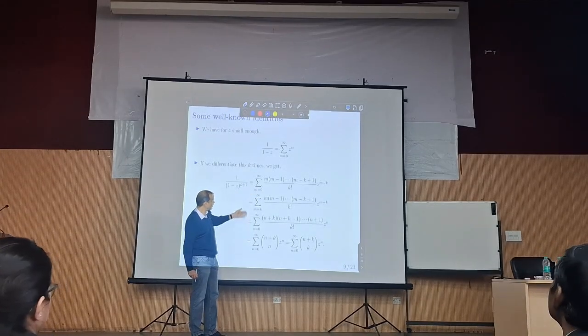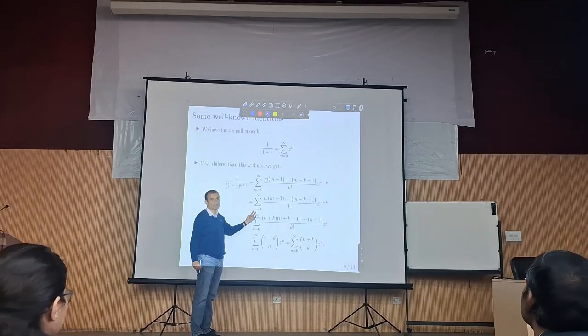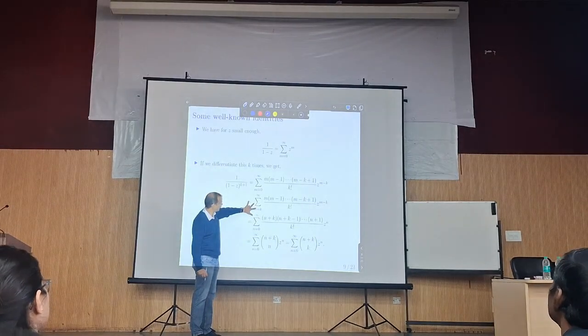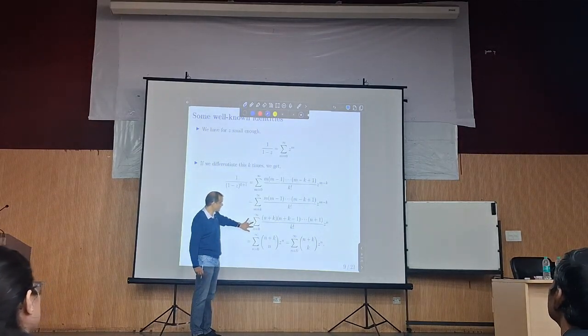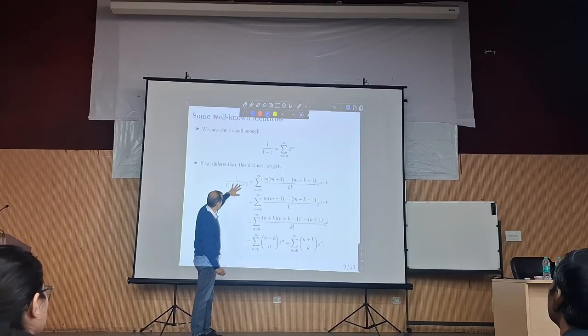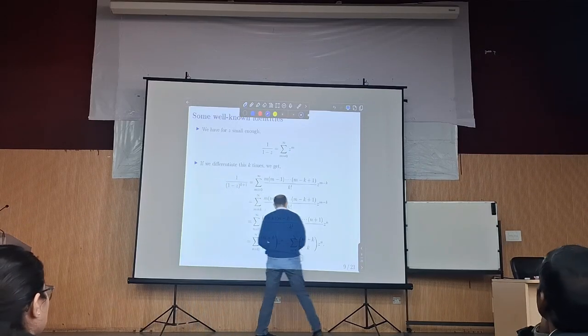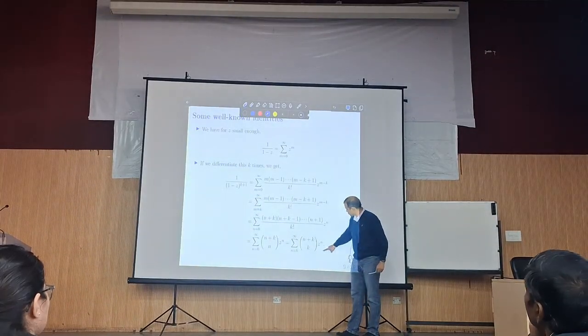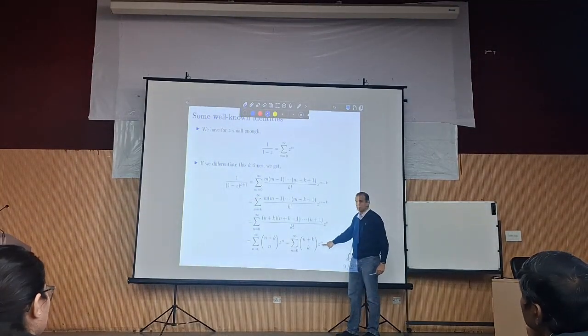But you might as well run m from 1 to infinity, because m equal to 0 gives 0 anyway. Then you just re-index, and 1 over (1 - z) to the k + 1 you can write as the sum over n from 0 to infinity of (n + k choose k) z to the n.